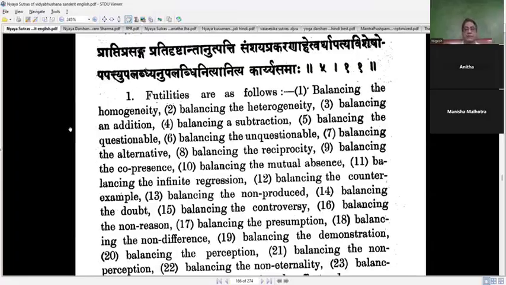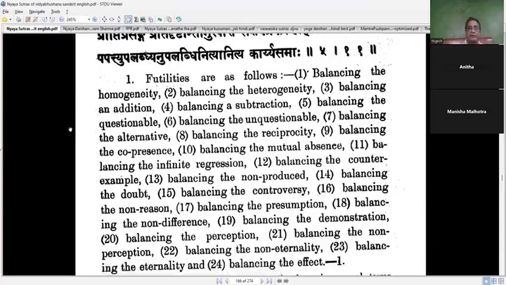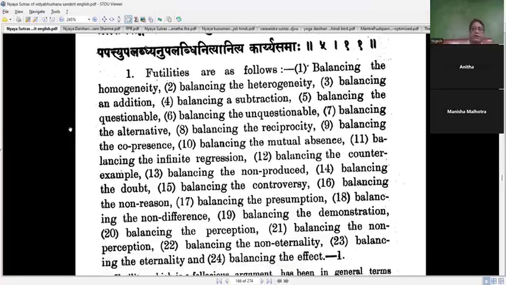Arthapatti, Vishesh Upapatti, balancing the non-difference, then balancing the Labdhya, balancing the demonstration, Uplabdhi, balancing the perception, then Anuplabdhi, balancing the non-perception, then Nitya, balancing the eternality, and then Anitya, balancing the non-eternality.